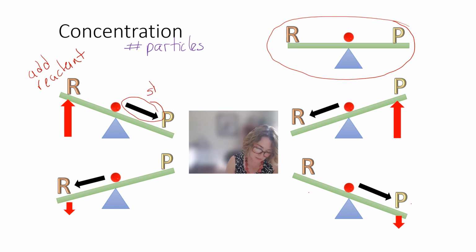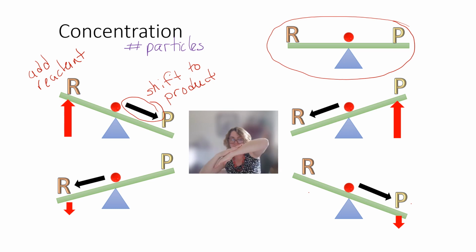So that means that if I add more reactant, that equilibrium is going to shift to the products. Now, what's actually happening is that I am shifting the reaction towards the products. So more reactant is reacting to create more products, right? So until I have lifted that back up, so it comes back up to equilibrium.